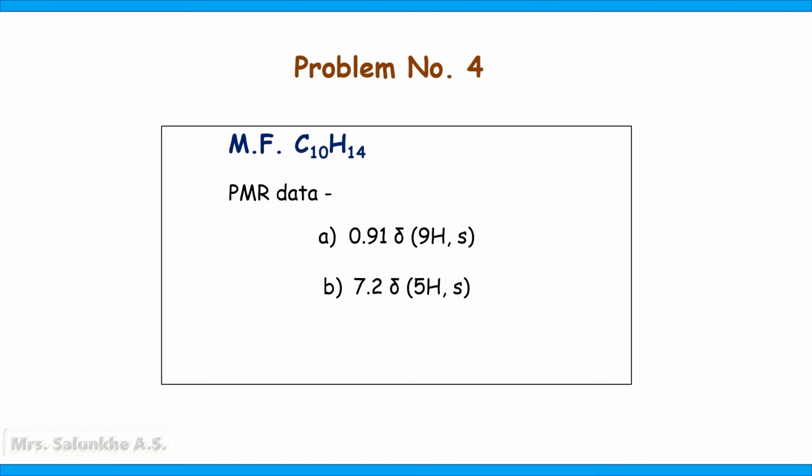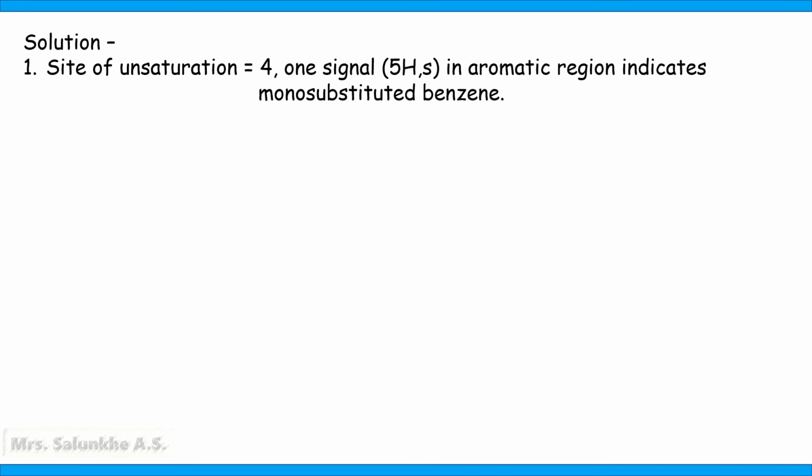Then problem number 4. Molecular formula C10H14. Spectral data is 0.91 9H singlet, and the second signal is 7.2 5H singlet. In this example also there are only two sets of protons. Now we see the solution.